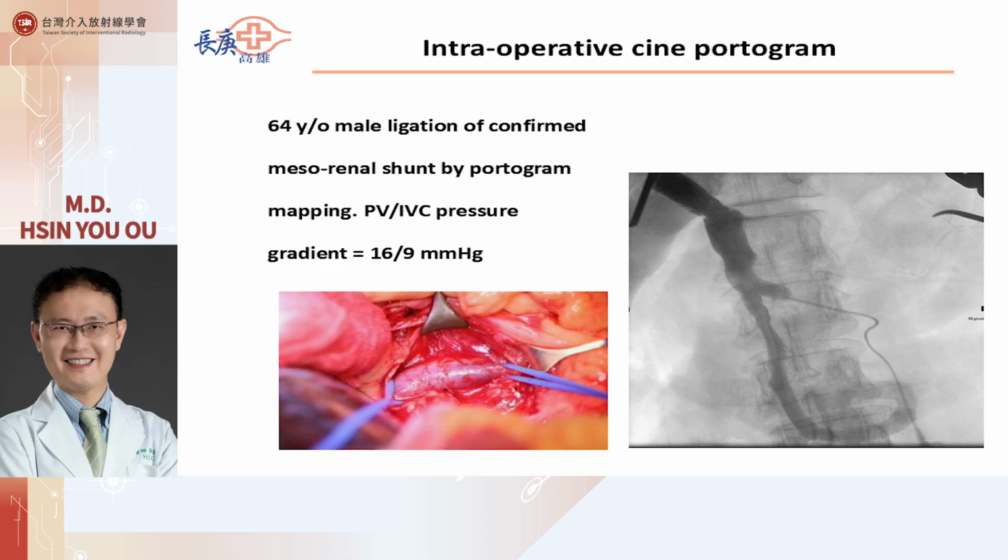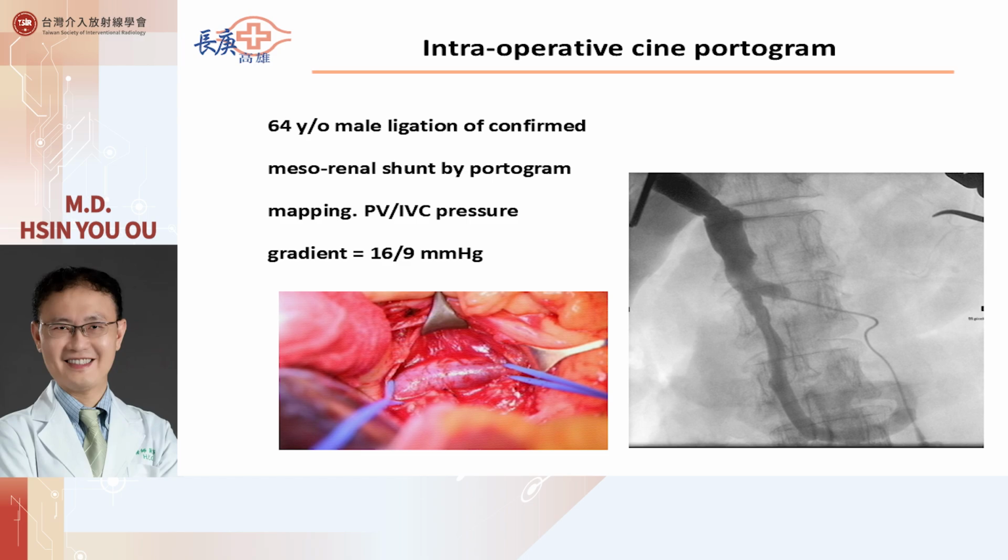The second thing is they want to close the large mesenteric portal shunt, the mesorenal shunt. At this time they can identify the large shunt, and then close the shunt and recheck the portal pressure gradient.